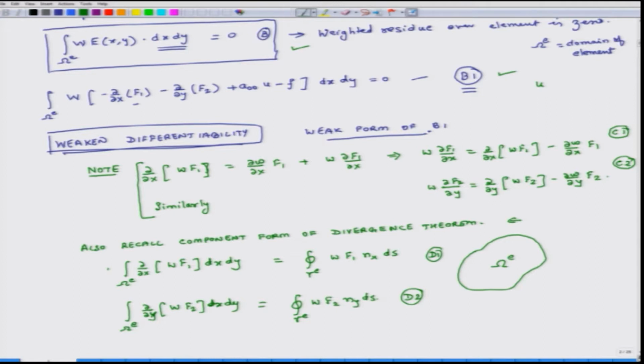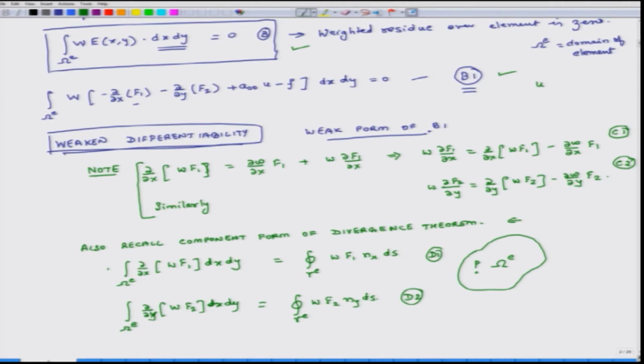So, let us try to understand what equation d1 says. At any point p I have a value of f1, because f1 is a function of x and y.